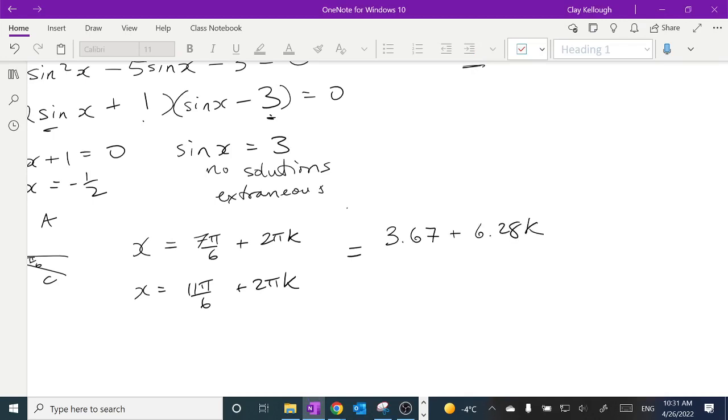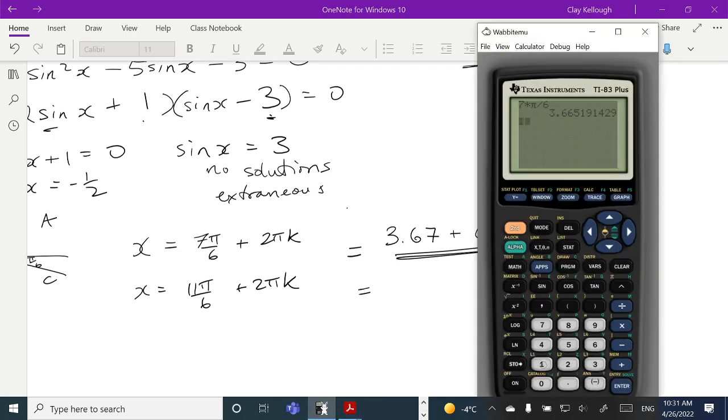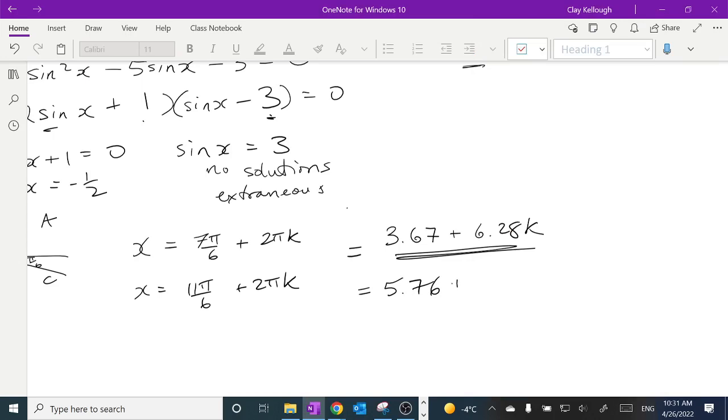I just happen to know that 2 pi is 3.14 doubled, so 6.28. And so that's one answer. And my other answer is 11 pi by 6. I don't know that off the top of my head. 11 times pi divided by 6. 5.76. It only wanted 2 decimals on this one. So 5.76 plus 6.28k. And there it is. There are my answers for that one.